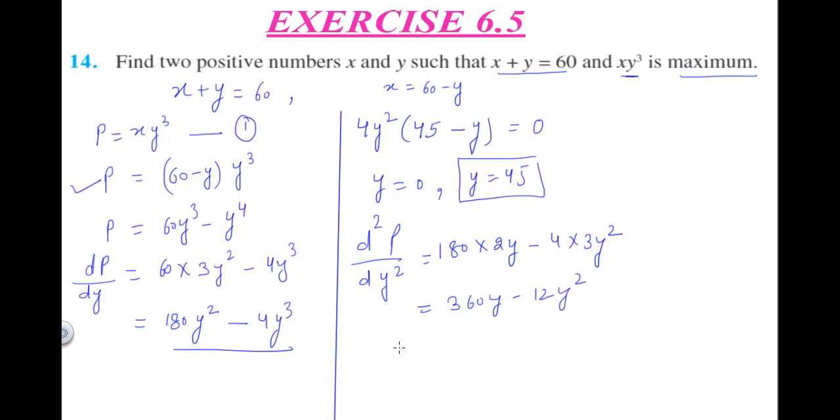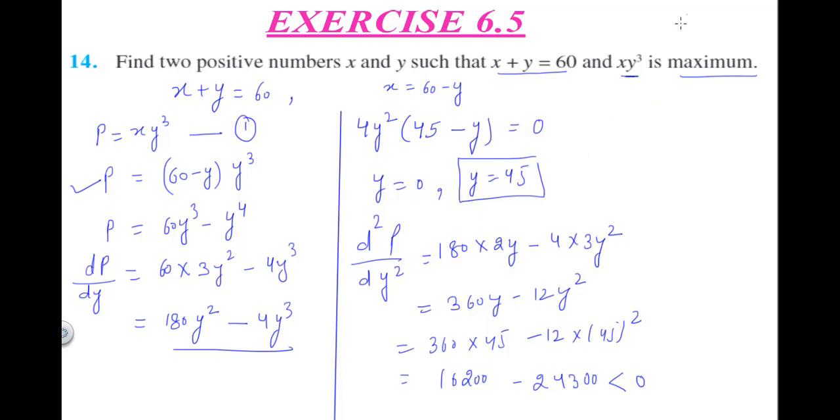Putting y as 45, we get 360 multiplied with 45 minus 12 multiplied with 45 whole square, which is 16,200 minus 24,300. The answer is negative, which is less than 0. So at y equals 45 the second order derivative is less than 0, which means the product xy cube will be maximum at y equals 45.